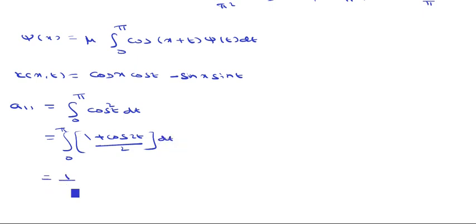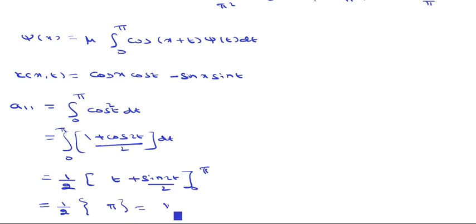Now integrate: 1 by 2 into t plus sin 2t by 2, the limit is 0 to pi. So this is equal to 1 by 2 pi, sin 2 pi is 0, minus the lower limit, which is 0. So this is equal to pi by 2.